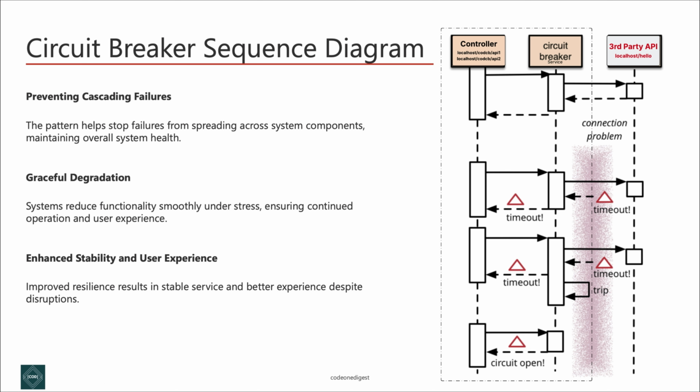So this is how the circuit breaker pattern helps and works in a failure situation. And we are going to implement these three classes. We will implement the controller, we'll implement the circuit breaker service, and we'll also be running a third-party API in our local as a separate application. Okay, friends? So let's do that.